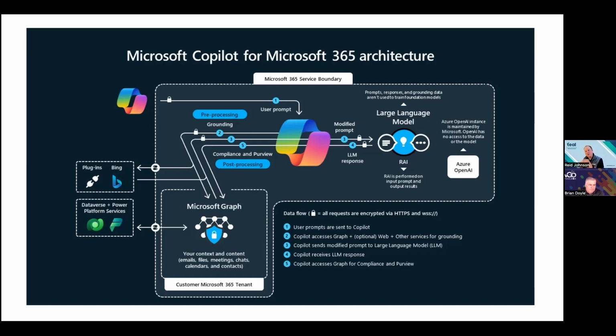Then that response goes back into Copilot and back to me. So a lot of steps, but there's a lot that happens behind the scenes to make sure that what I'm requesting, I can actually see.